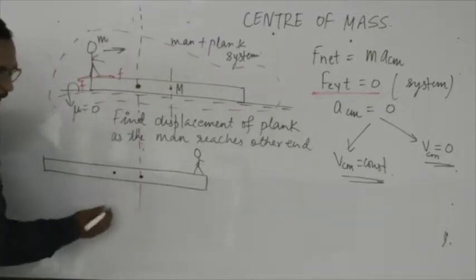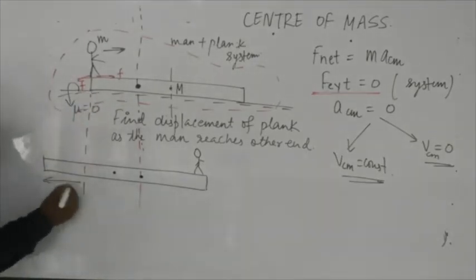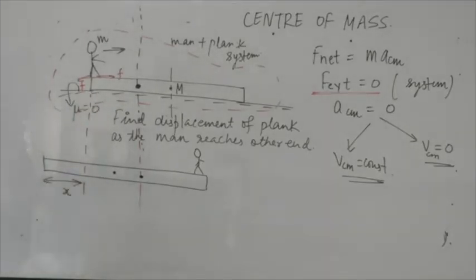Suppose the distance traveled by the plank is x backward.